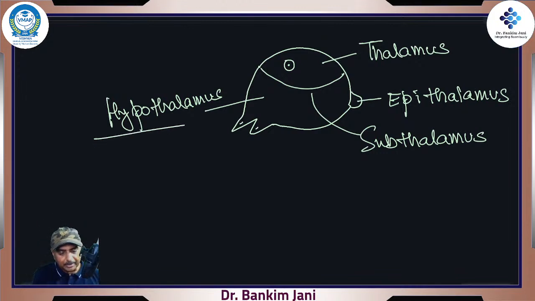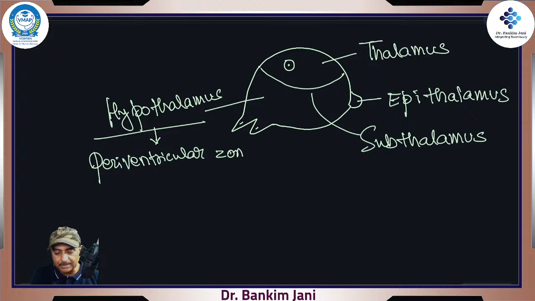So in hypothalamus, once we study only the hypothalamus, that is where we'll see the periventricular zone, the zone near the ventricles, surrounding the ventricles. Then there would be the medial zone, and the lateral zone.